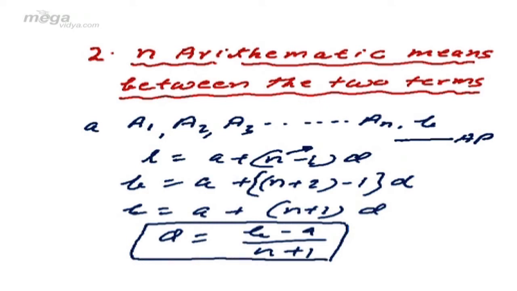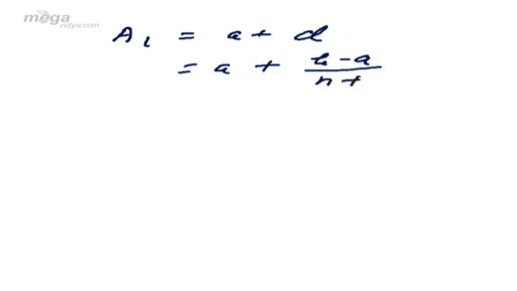Now we have to find A1, A2, A3. You know already A1 is the second term of this sequence, A2 is the third term, and A3 is the fourth term. If you want to find A1, you can use the second term of that sequence. Because of this, A1 becomes a plus d, which is a plus (b minus a) upon (n plus 1).